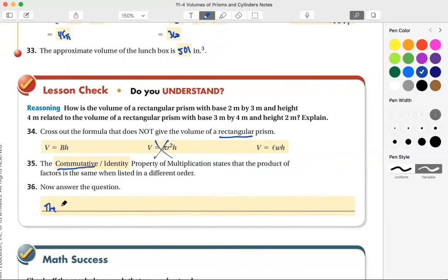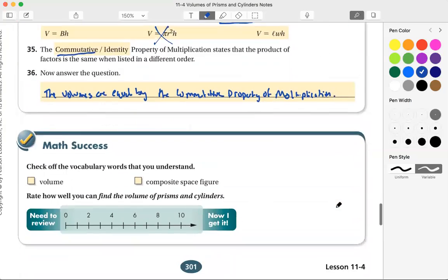So the volumes are equal by the commutative property of multiplication. And that's the end of this section.